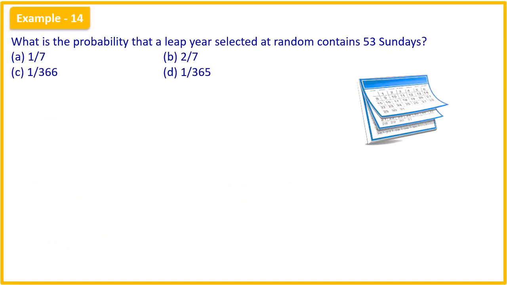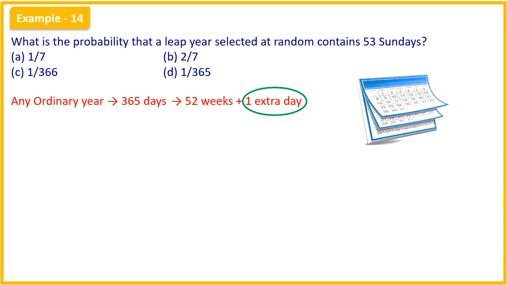Let's take some other example here, where it is asked, what is the probability that a leap year selected at random contains 53 Sundays? When we talk about a non-leap year or an ordinary year which has 365 days, if I divide it by 7, I get 52 weeks and one remainder, that extra day. This extra day can be anything.